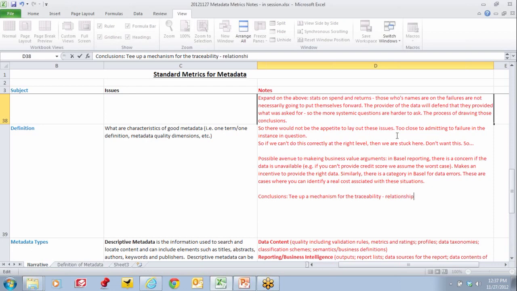So, for instance, something I do see as potentially an avenue that we could use to make the business value argument is my understanding that in Basel reporting, in the banking industry, there is now a category of concern that the data was unavailable and therefore we get deemed to be in the worst possible situation since we're not providing reliable data.